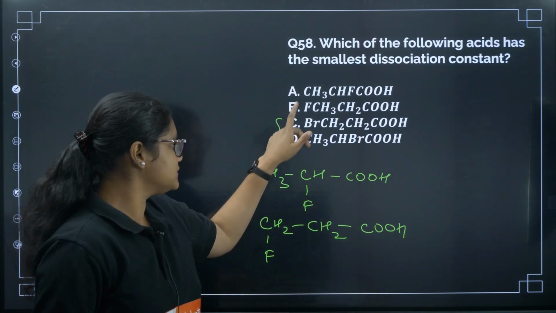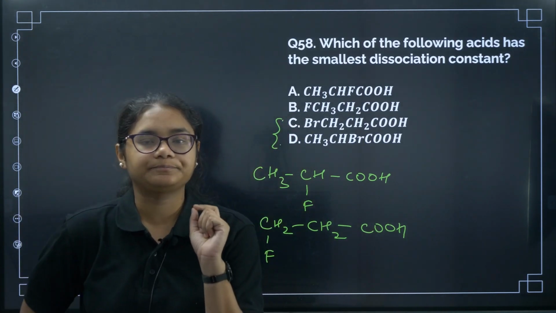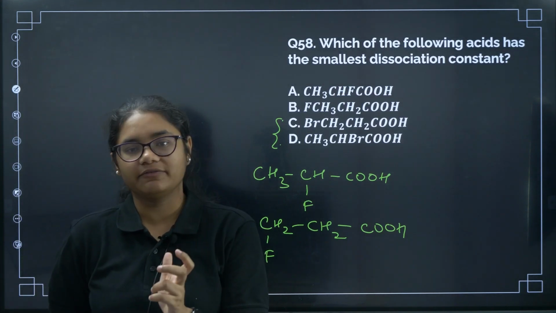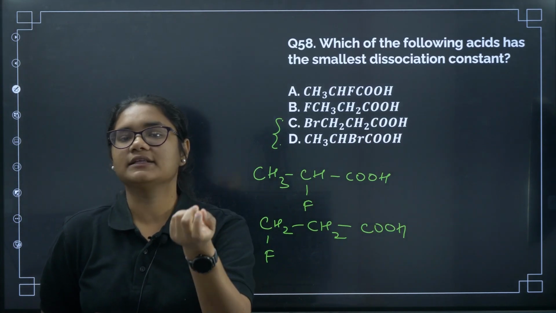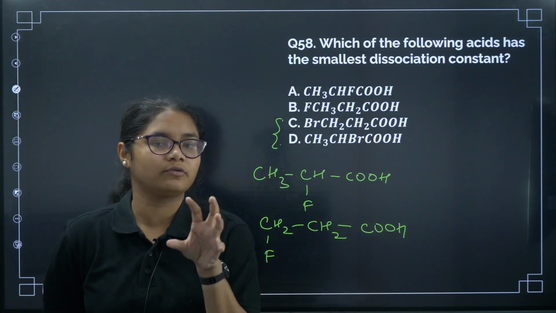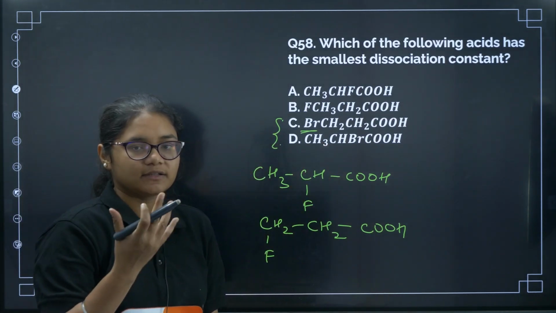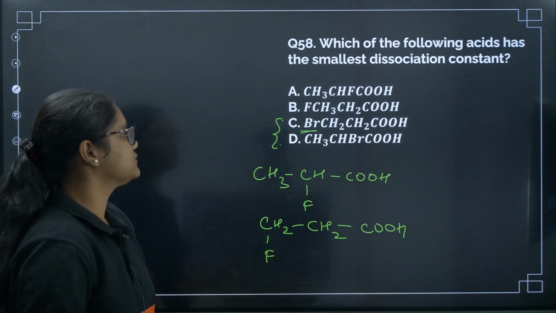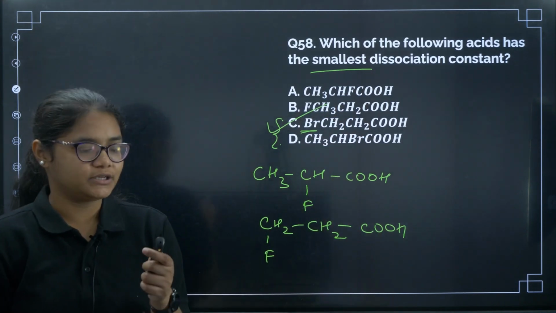So the answer has to be either option C or option D where bromine is present. Now these halogens have minus I effect, and inductive effect is distance dependent. The nearer the halogen, the better is its electron withdrawing nature. Once it goes far away, the electron withdrawing nature decreases. So here bromine is present far away, so it will stabilize less. So it is a poor acid and the dissociation constant will be the smallest. So the correct answer for this question will be option number C.